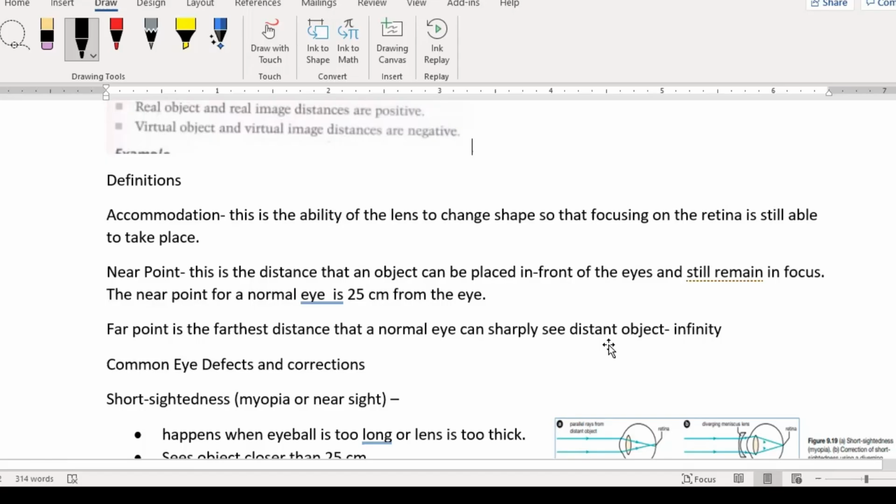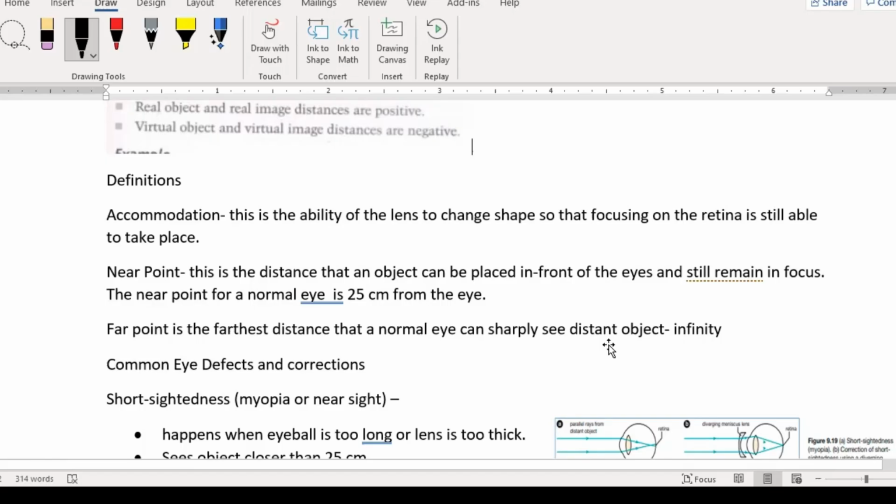That means your hand has now passed the near point. Generally speaking, the near point of a normal eye is 25 centimeters. Anything closer than that becomes blurry because the lens cannot adjust itself any further to allow the image to be properly formed on the retina.